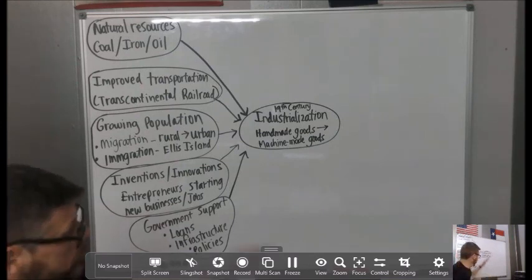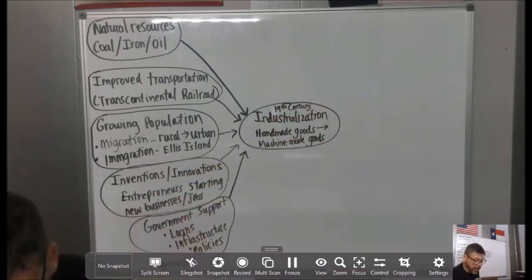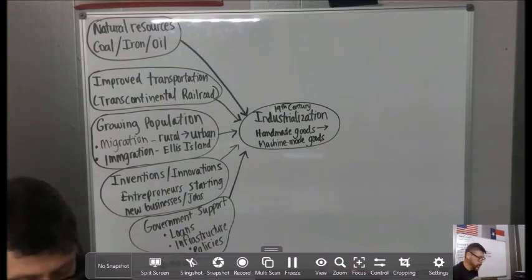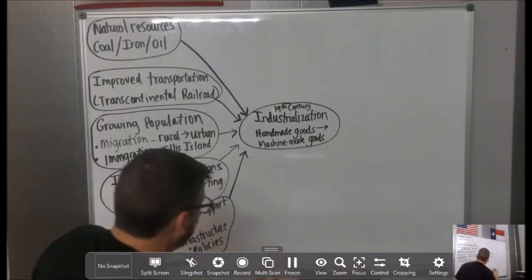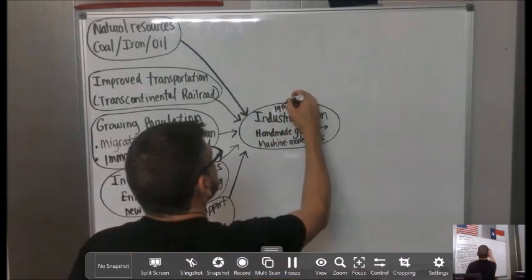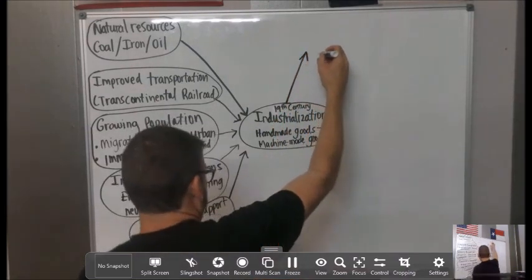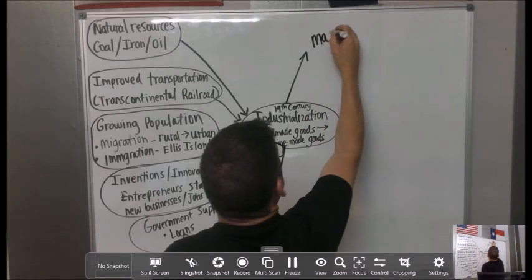So now on the other side, what's going to come out will be the effects of industrialization. All right, so first of all, the effects will include mass production.